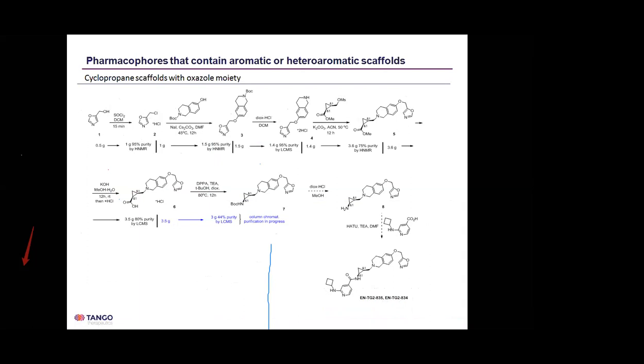Okay, next synthesis. It's a heteroaromatic scaffold, and the structure is interesting because it has an oxazole moiety. Oxazole compounds have shown good anti-cancer activity, but they have higher toxicity.